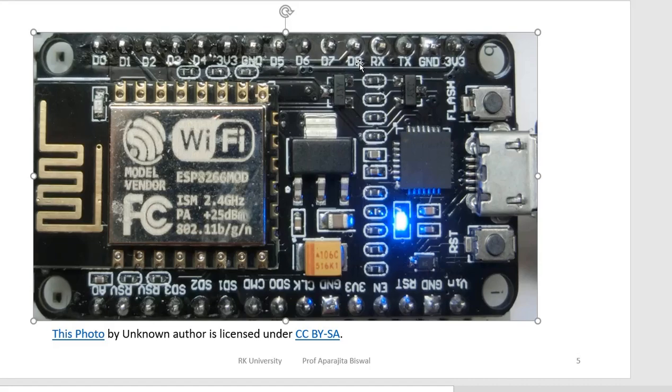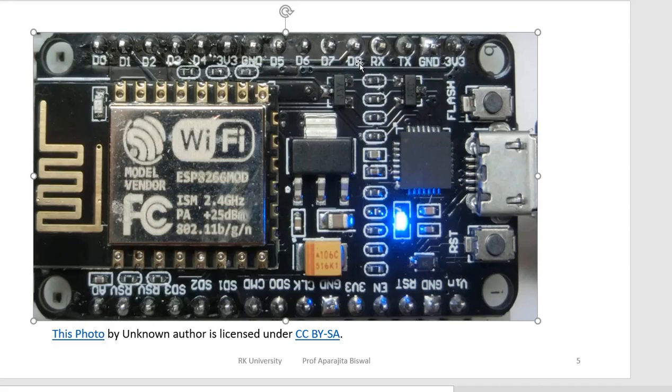We can interface sensors with these digital pins. It works with 2 modes. One is input mode for sensors and the other is output mode for actuators. These digital pins should work in output mode for actuators. So output pins can write data. Input pins can read data inside the microcontroller.